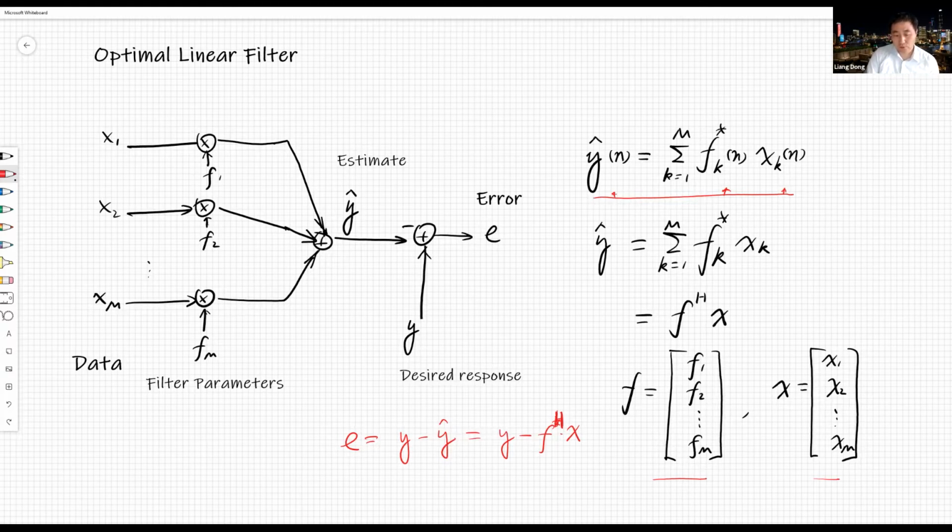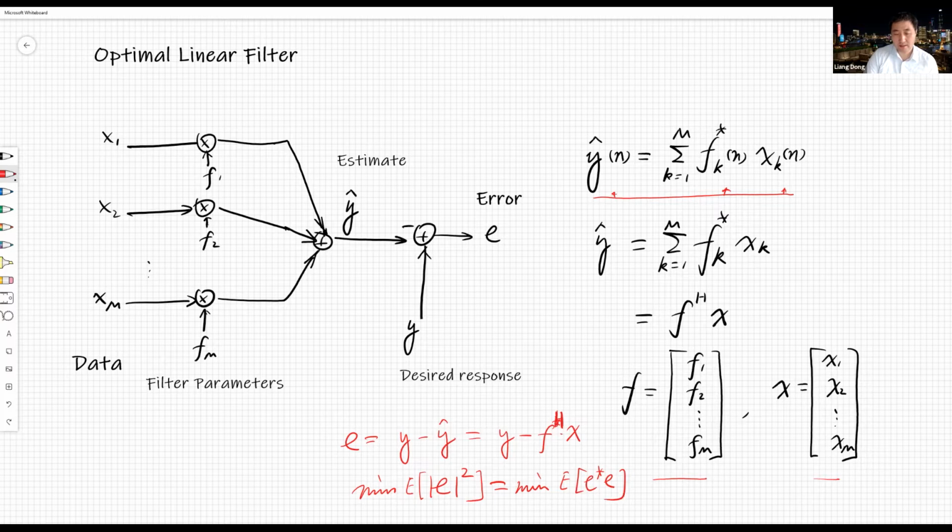Now what we want to do is minimize the error. But the error can be positive and negative. Both will give us a bad effect. So I want to minimize the absolute value of the square. And then I may need to have a lot of input signals. So I want to minimize the expected value of e square, which in complex format is the expected value of e conjugate times e.